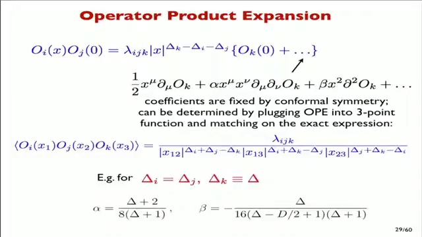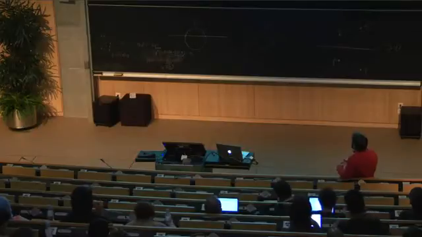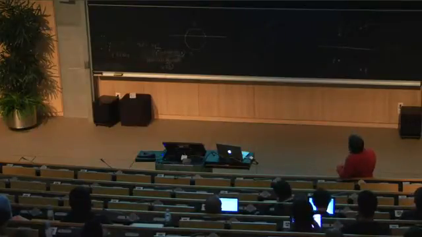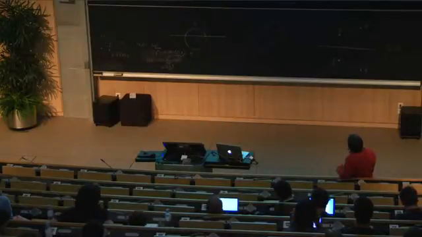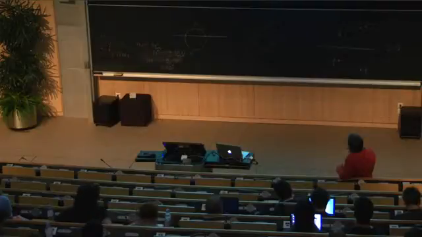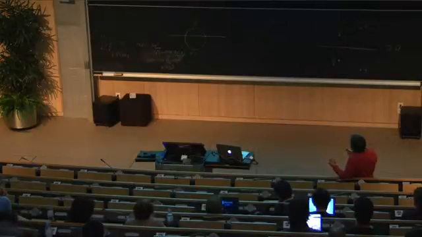So just to remind you what the OPE is in the general conformal field theory, we take two operators which are close to each other, closer than any other operator in the correlation function, and we replace them by a sum of other local operators inserted at 0, and the power of x in this formula is going to be fixed just by scaling arguments of the dimensional operators on the left-hand side and the right-hand side.